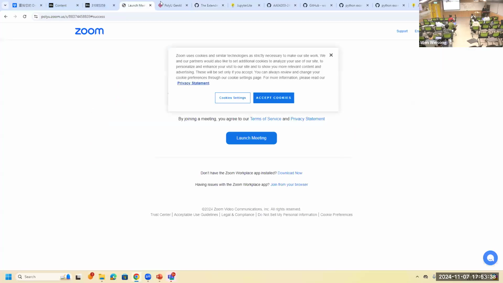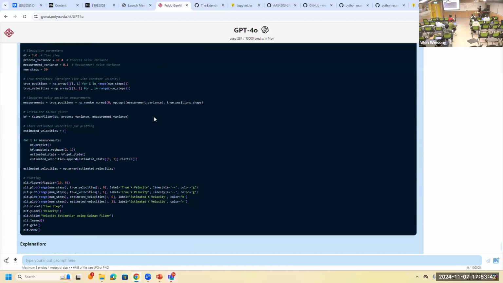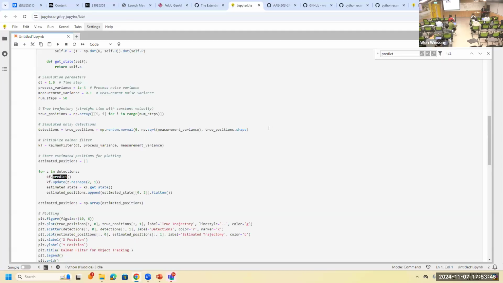For this Kalman filtering, any questions from the equations to the examples? After that, you can try the examples on your laptop. Next week, also bring your laptop. We will still provide examples for extended Kalman filtering.